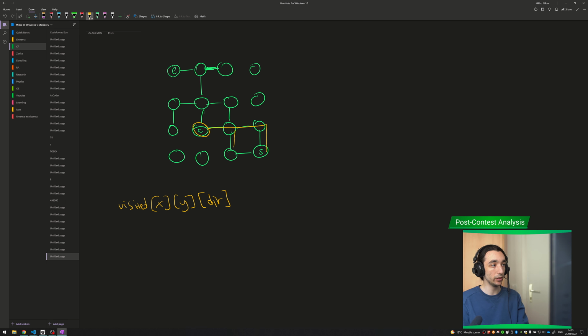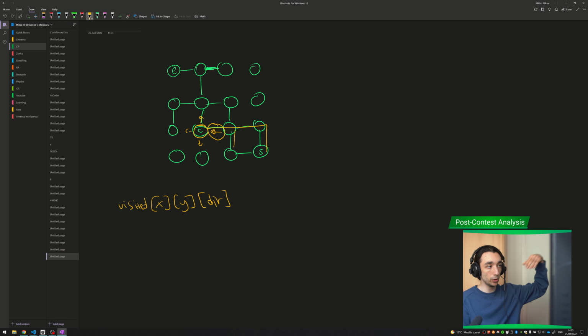Now that we know that we came from this direction, we cannot go back from this direction. So we cannot go to the opposite direction. We cannot just switch. So we need to push BFS from each direction that is not this. Okay?